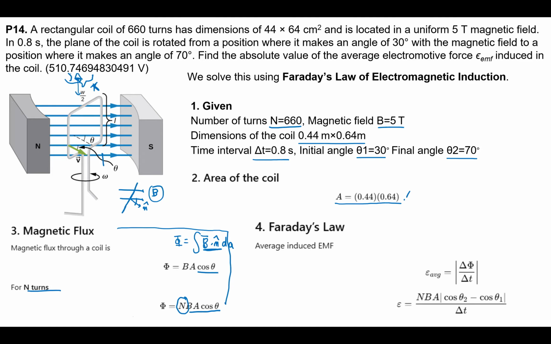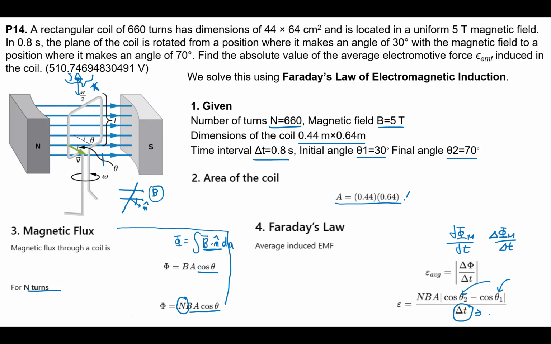And then Faraday says that it is d phi dt. What we have found is delta phi over delta t, so that during the time interval, the angle is changing from theta 1 to theta 2. So we can plug in the theta 2 value here and the theta 1 value here.